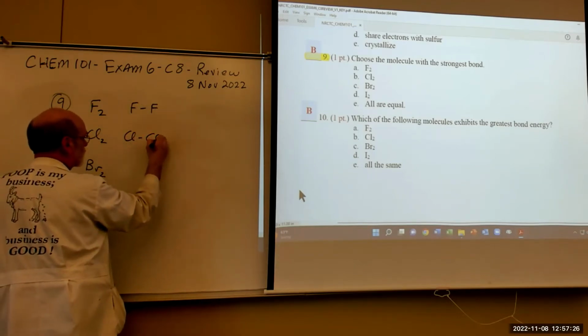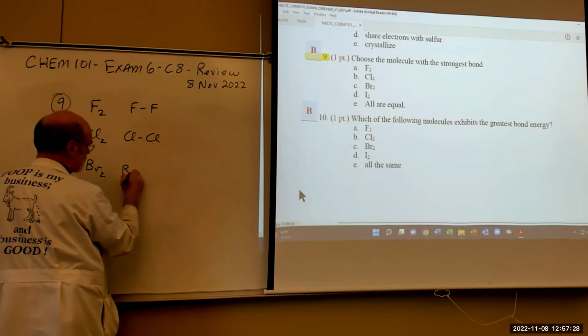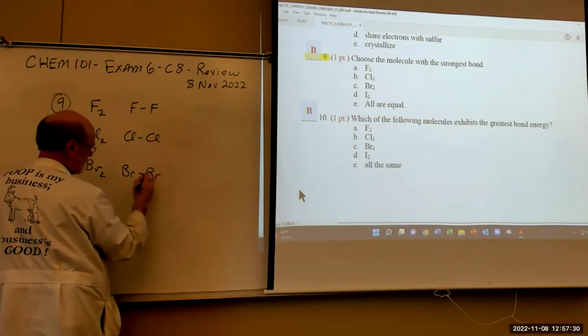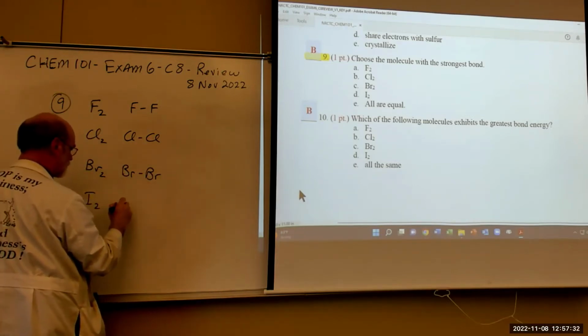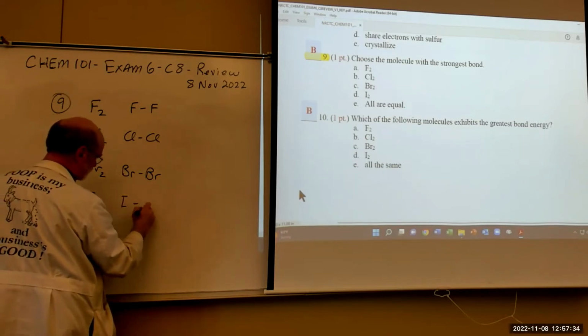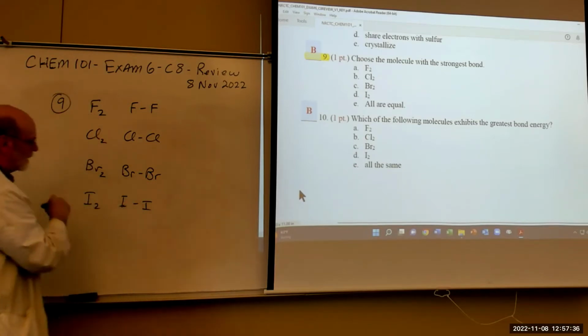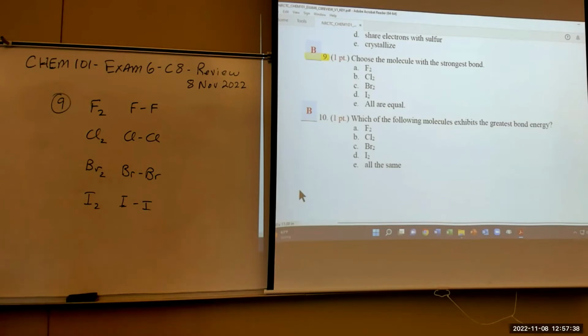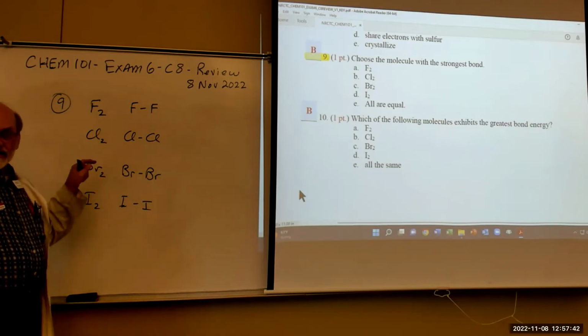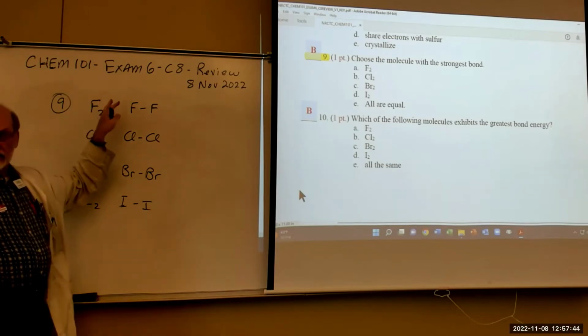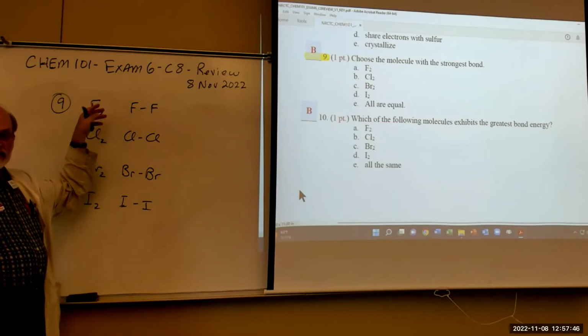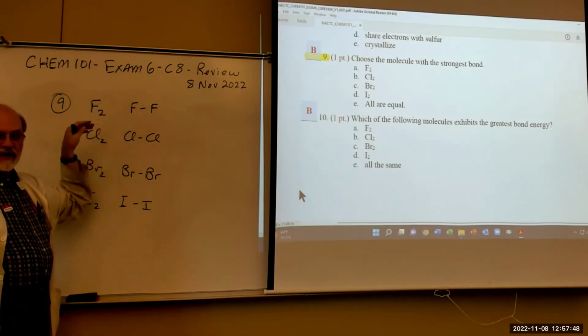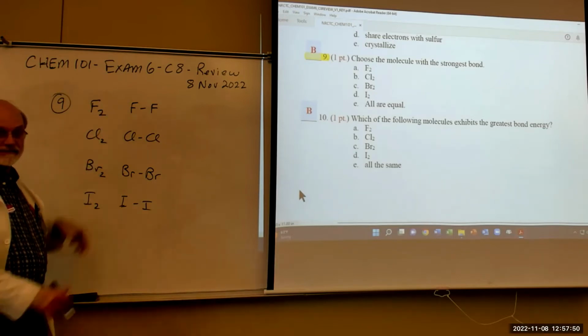So we don't have to deal with the comparison of doubles, triples, single bonds. You can prove that to yourself with a Lewis dot structure. How many valence electrons do they all have? 7. So that means they share 1 electron from each, and that makes the octet.